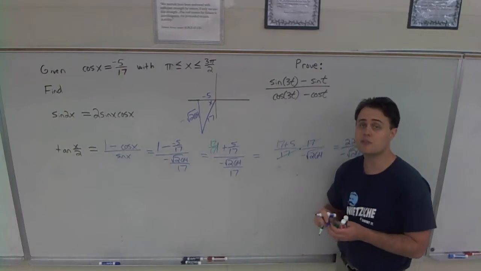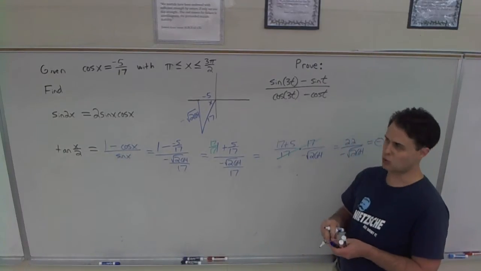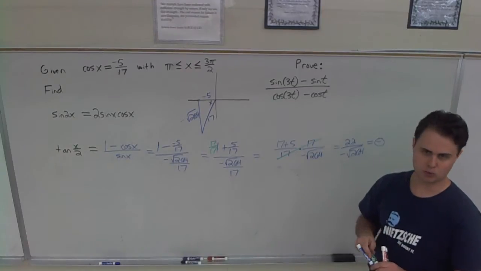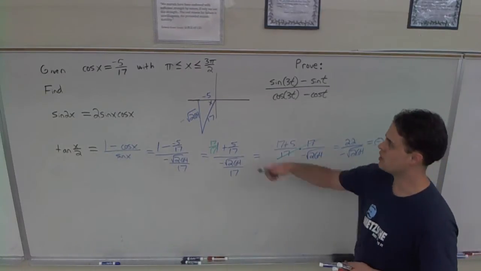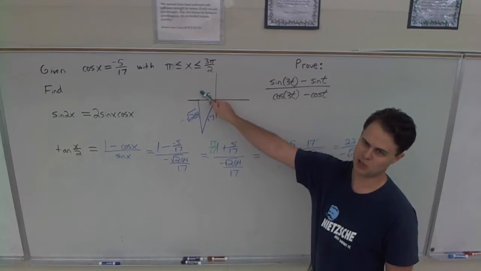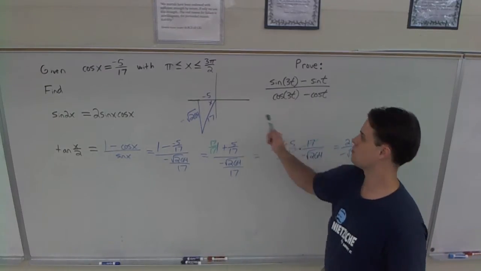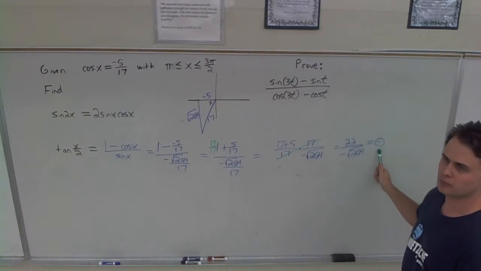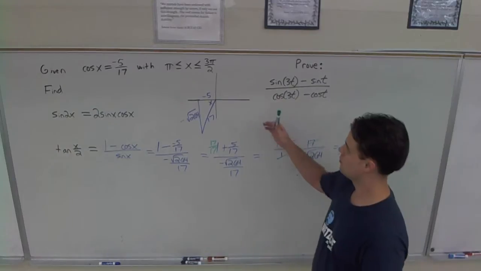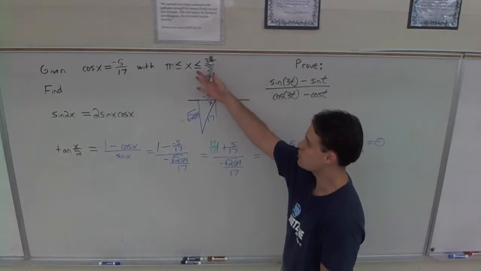So do we need more information on this one to decide where half of x is? I don't think so. Because if x is over here, half of x has got to be in one of these quadrants, right? That tells you which one. Because tangent is negative in what quadrant? Well, nothing's negative here. It's got to be here.